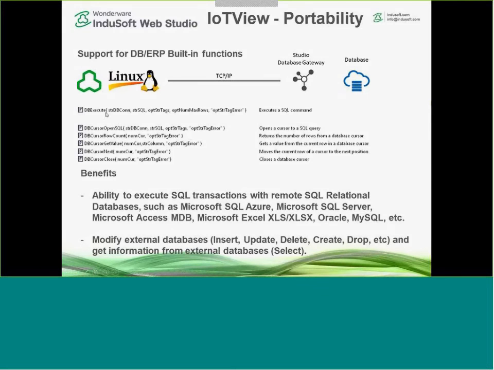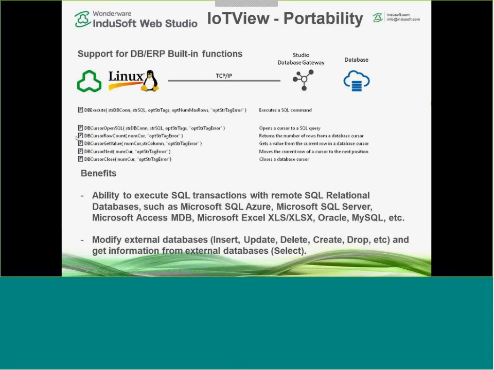So with this DB execute, you can pretty much trigger any transaction with the database. You can delete records, insert records, update records, create tables, create databases, drop tables, drop databases, everything with a single function called DB execute that now is supported on IoT View running on Linux.